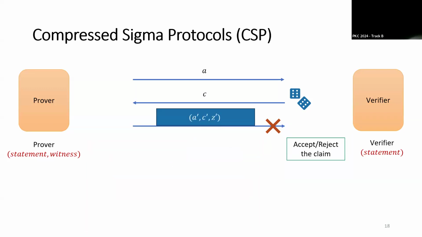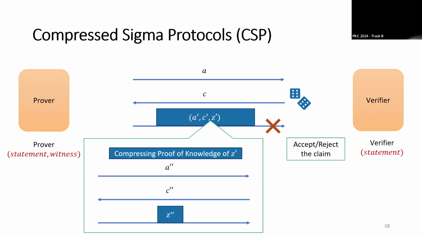And of course, if you send this across, it will again make the verifier linear because that is an n/2 length response. So you will again go through the whole process of doing a compressing proof of knowledge instead. This compressing proof of knowledge will retain the guarantees provided by the Sigma protocol, but it will ensure that your proof size is getting shorter and shorter.